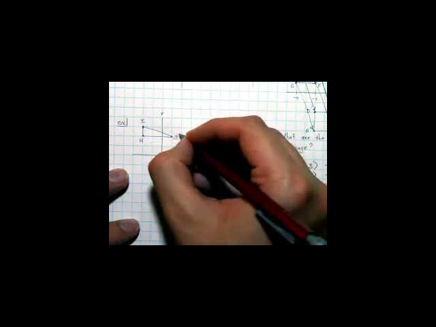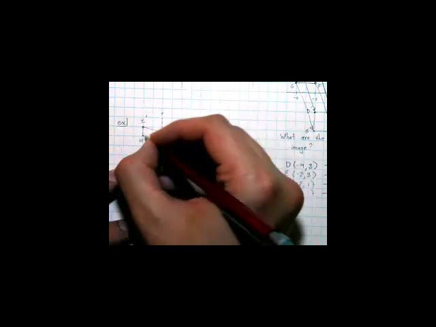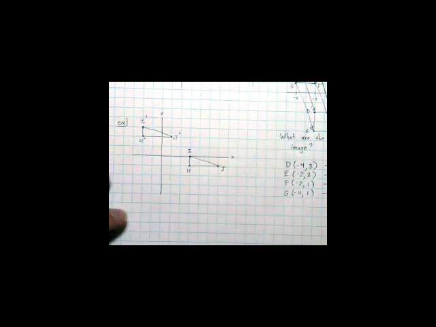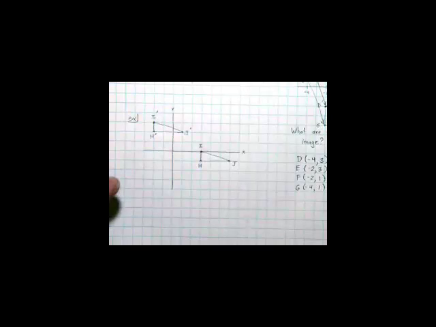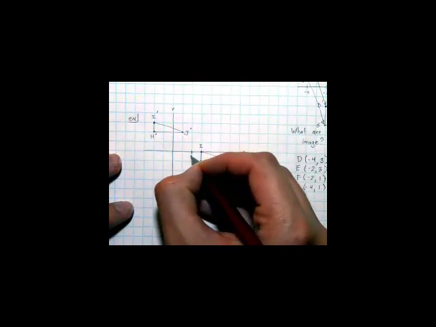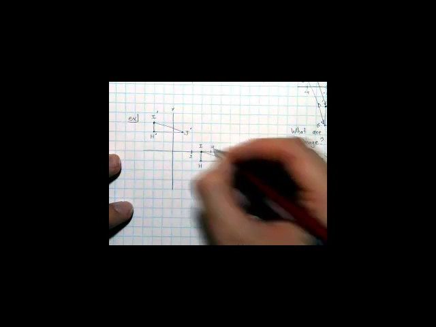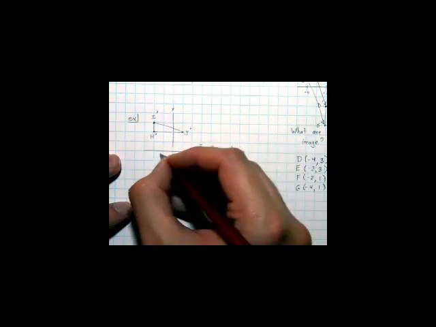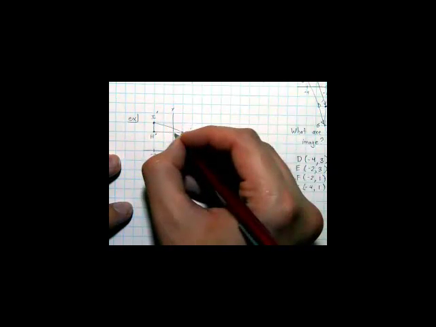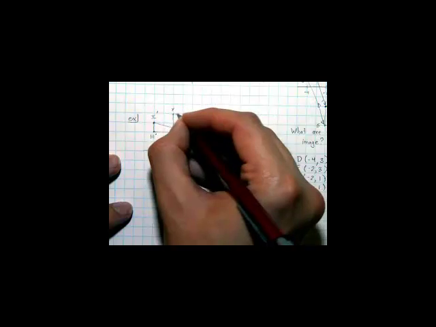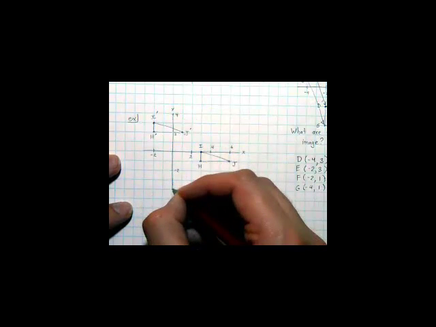And actually, I'm going to make these the primes up here. I'm being sneaky. All right, and I'm going to put some scale on this: 2, 4, 6, negative 2. Again, every box is 1 unit, just so we're staying clear on that. What I'd like you to do on this one is describe the translation using a vector.